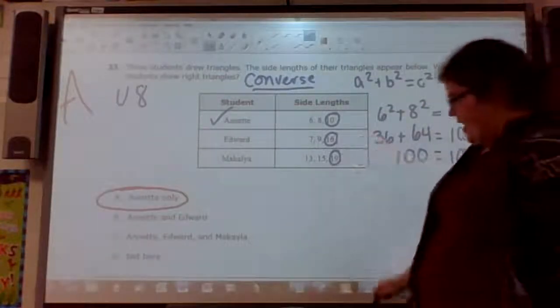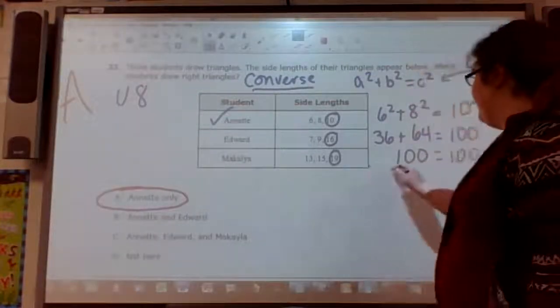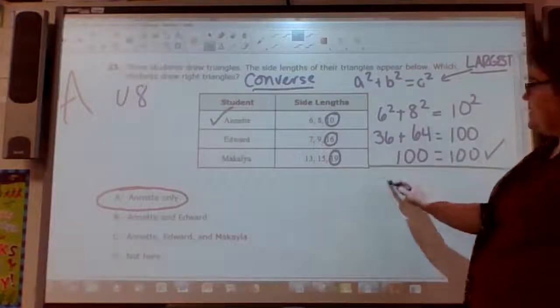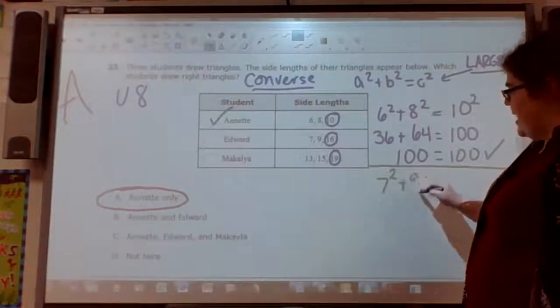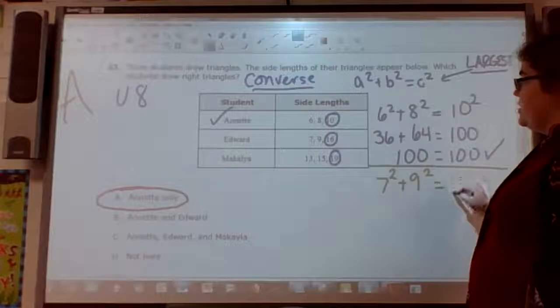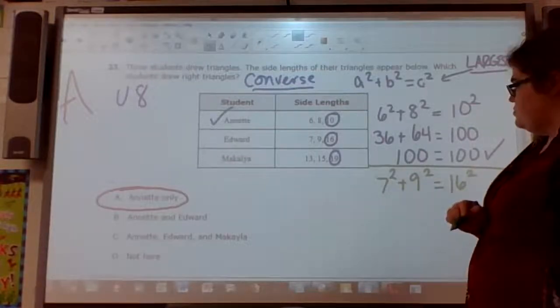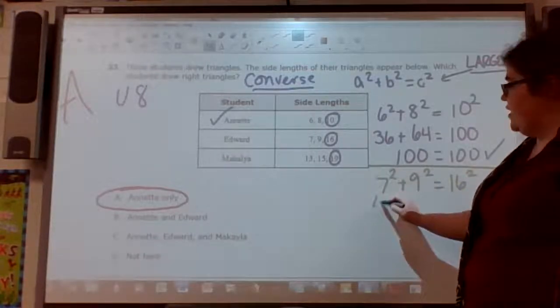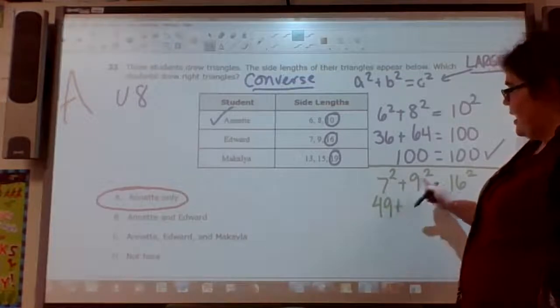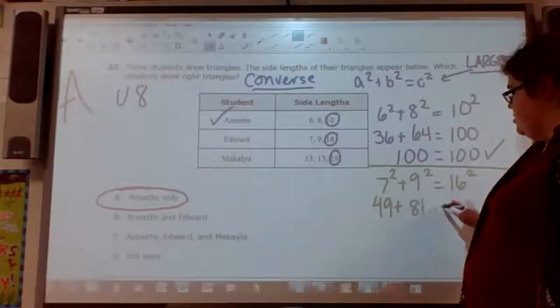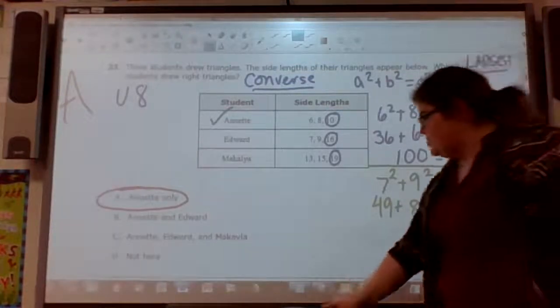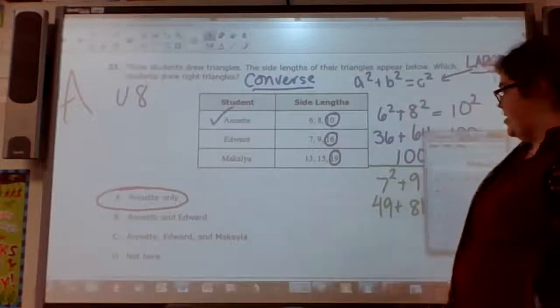I'm going to do the same thing for Edward. Edward, 7 squared plus 9 squared equals 16 squared. 7 squared is 49. 9 squared is 81. And then 16 squared, I gotta use my calculator.